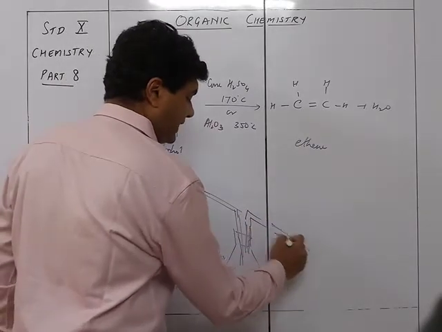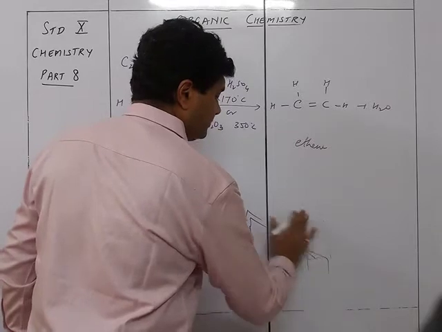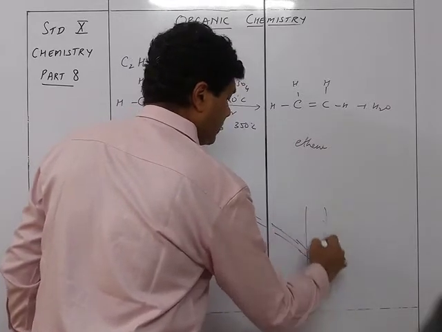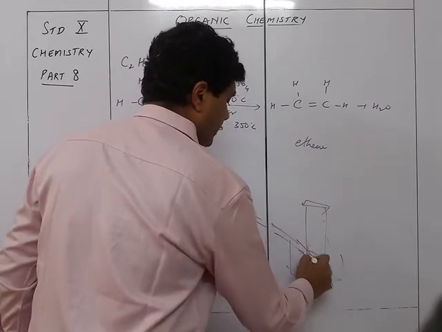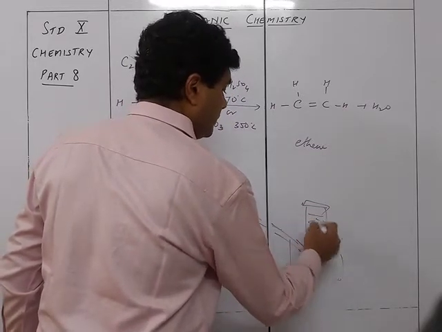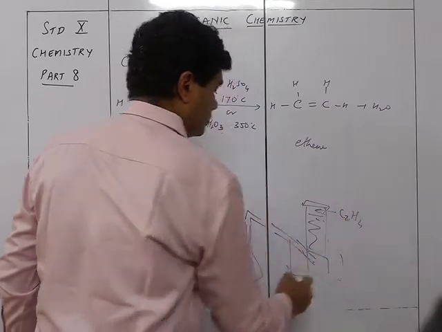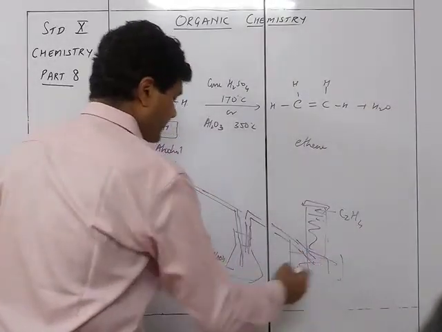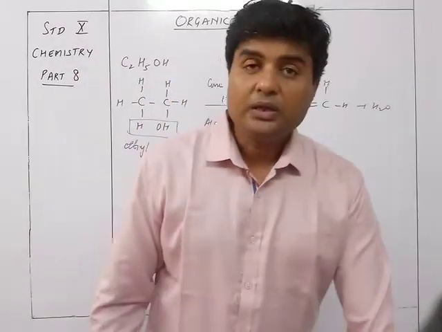It is collected by the same method as methane or ethane, that is, the downward displacement of water. Your water will be here and you are going to get the gas as C2H4. This is how you get the laboratory preparation of ethene gas.